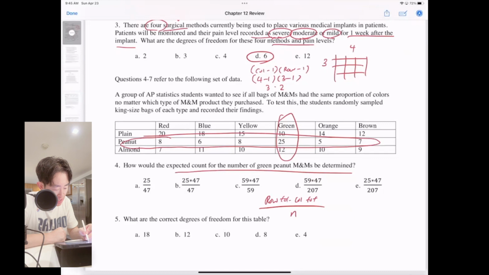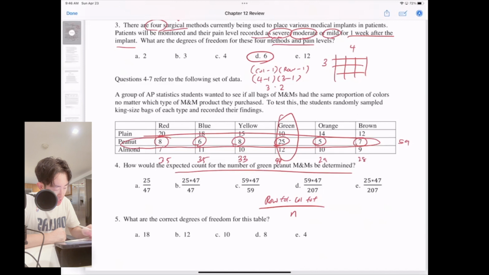So 8, 6, 8, 25, 5, 7. That's 37 plus 22, I believe. 37, 20, that's 59 this way. That's 47 that way. And unfortunately, I will have to just add everything up here. So it's 29, 35. That's 33, that's 29, that's 28.